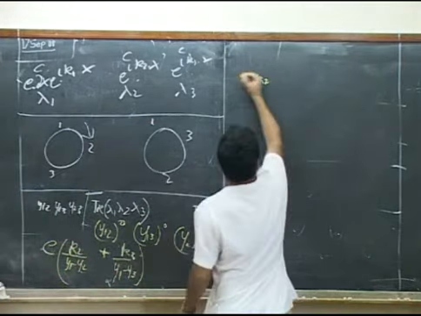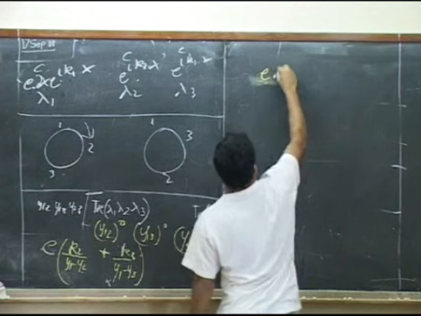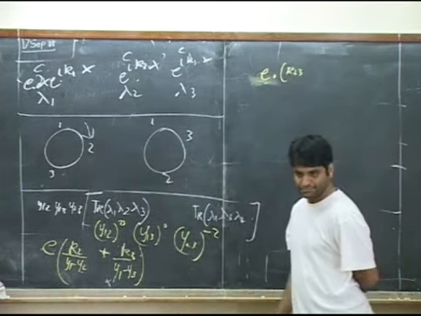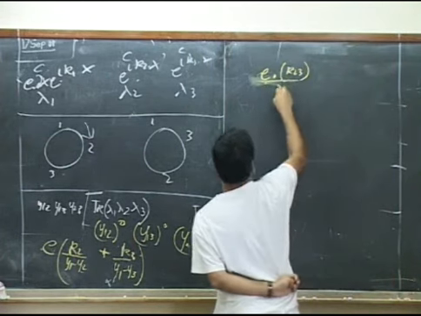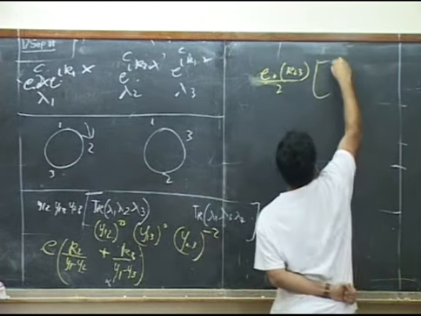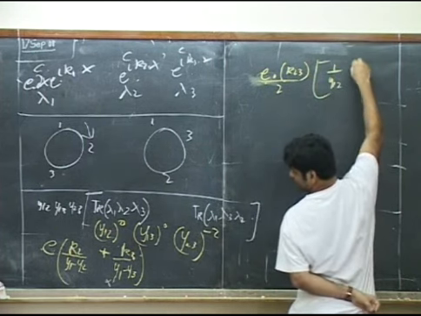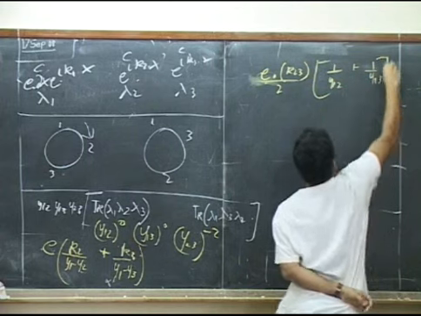So this is equal to epsilon dot k23 by 2 into 1 by y12 plus 1 by y13.